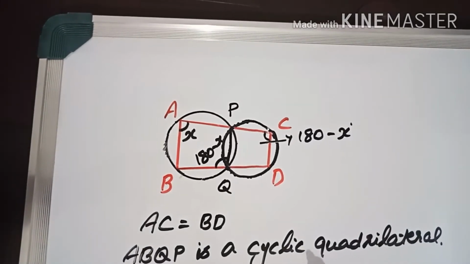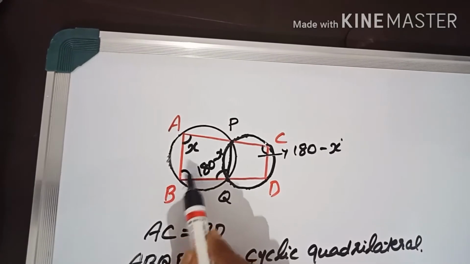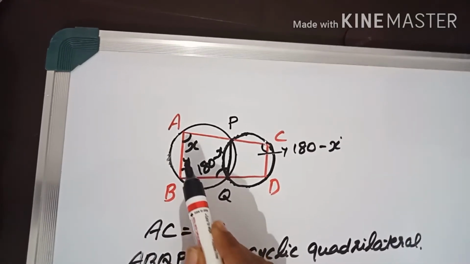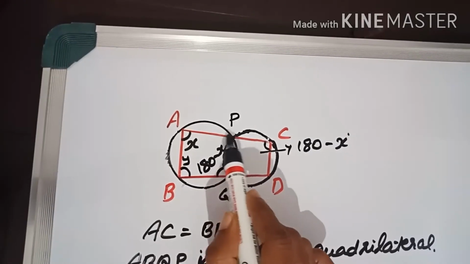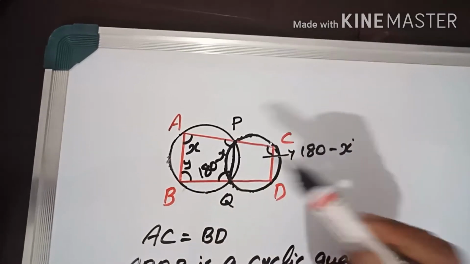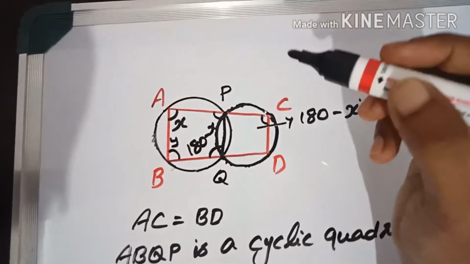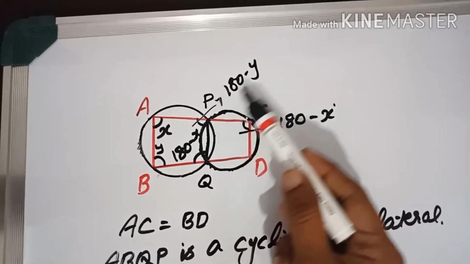Now similarly let's consider this angle as y degrees. So the opposite angle QPA will be 180 minus y.